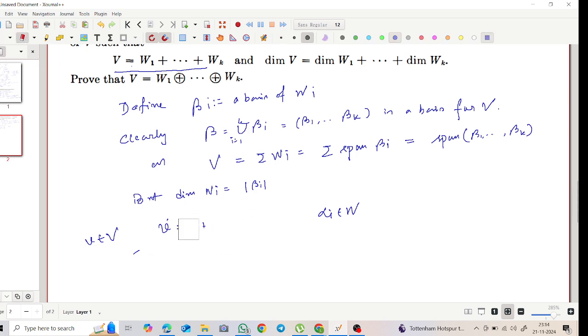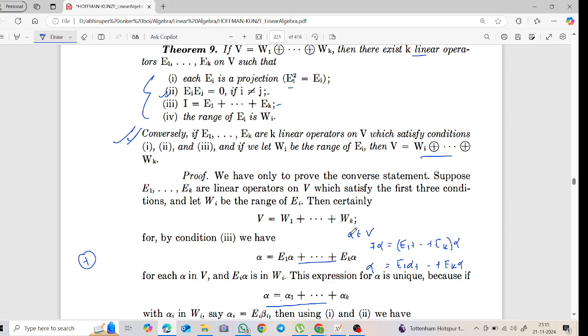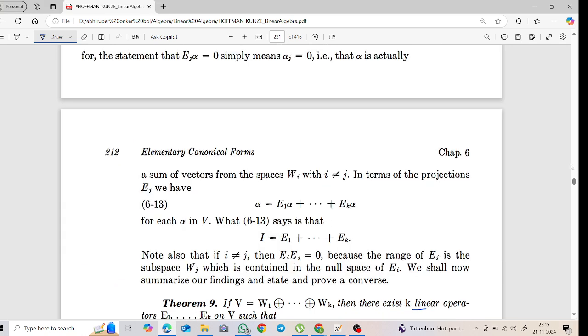Okay, so let's see one thing. So claim: Wj intersection W1 plus ... plus Wj minus 1 plus Wj plus 1 ... plus Wk is 0. Why are we trying to show this? Because once we show this, we can say this.